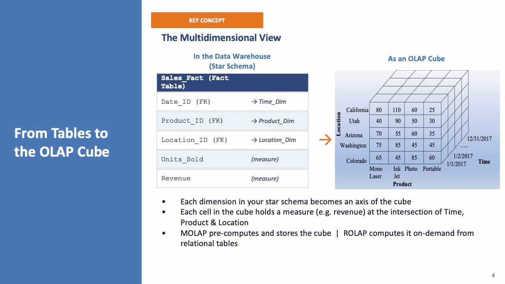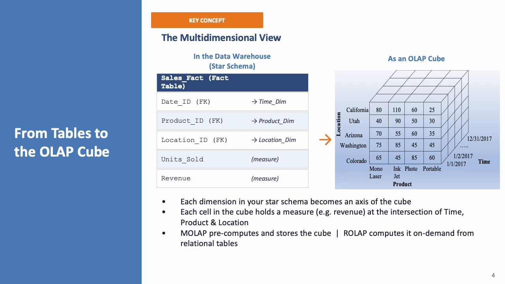The result is a cube. We have 3 axes. Precisely, we can call this a data cube. Each point inside the cube represents a unique combination of time, product, and location. And the value stored at that point is the measure, such as the units sold, or it can be the revenue.